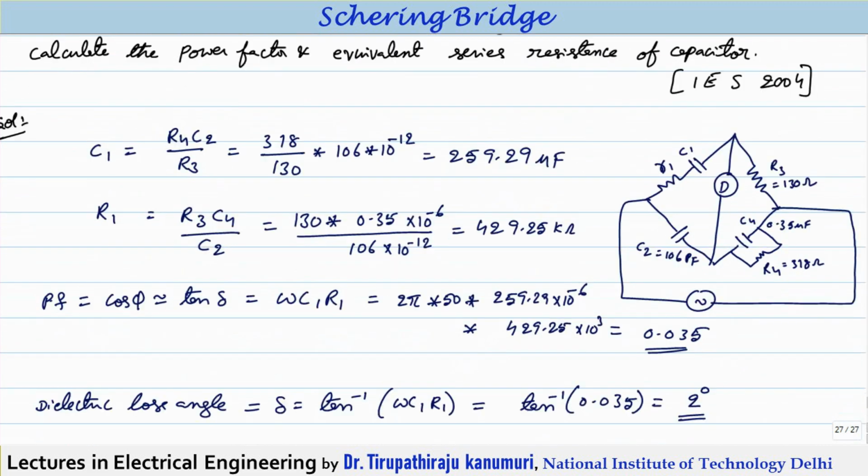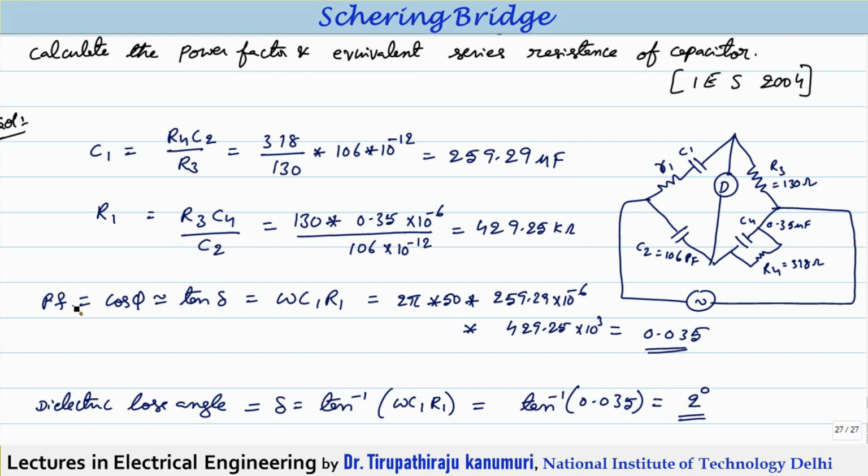So let us try to calculate the values. Here I am directly calculating the value. C1 is equal to R4 by R3 into C2. So when you substitute, you will get 259.29 microfarads, and the value of R1 is R3 C4 by C2. You will get 429.25 kilo ohms. Now it is asked to calculate the power factor.